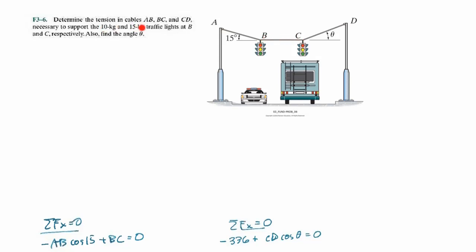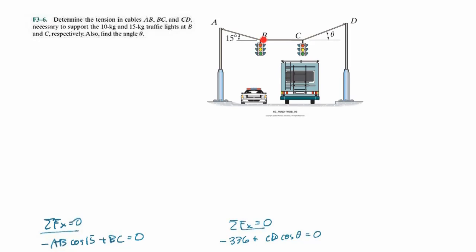The traffic lights have different weights, and we're looking for the tensions in the cables and that angle theta. So let's see if we can figure that out. I'm going to recognize that there are two points of consideration, or joints, B and C. What we'll want to do is draw free body diagrams of both of those joints and try to recognize something.